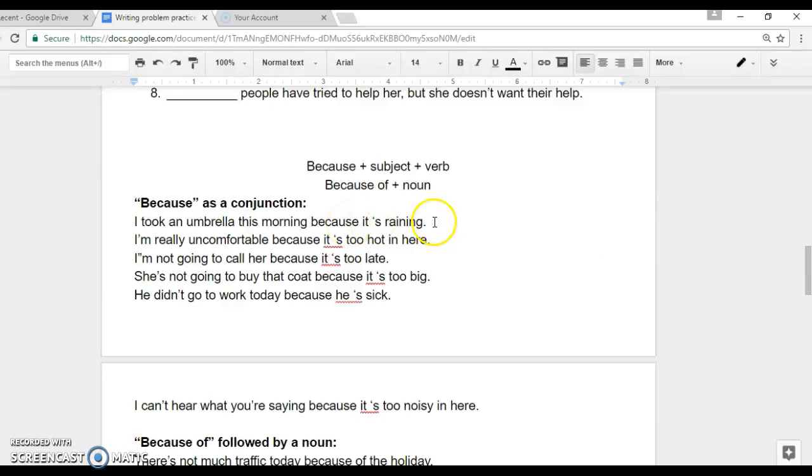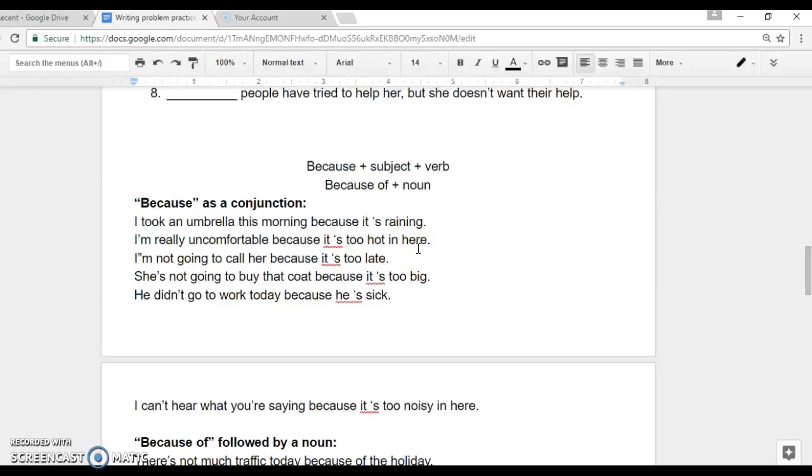Too many times I see students writing a sentence like this. I took an umbrella this morning because is raining. You're only putting the verb is, but you must put both. It is raining. I'm really uncomfortable because it is too hot in here.